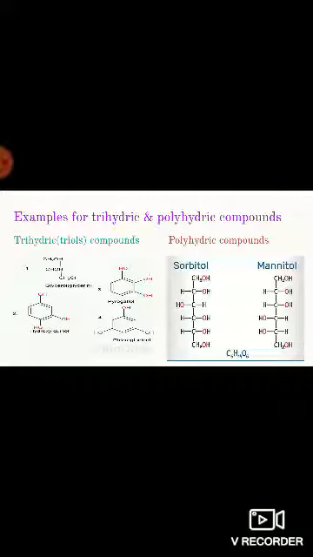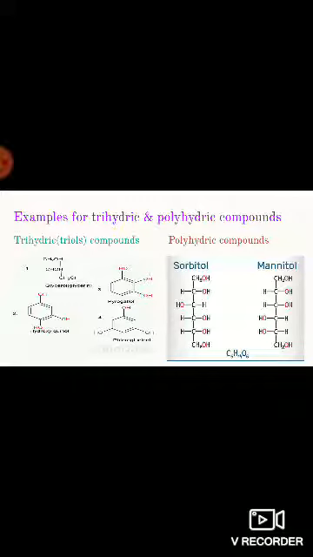These sorbitol and mannitol are obtained from glucose and mannose respectively on reduction. On reduction of glucose, we get the corresponding sorbitol, a polyhydric compound. On reduction of mannose, we get the corresponding mannitol. These are examples for polyhydric compounds.